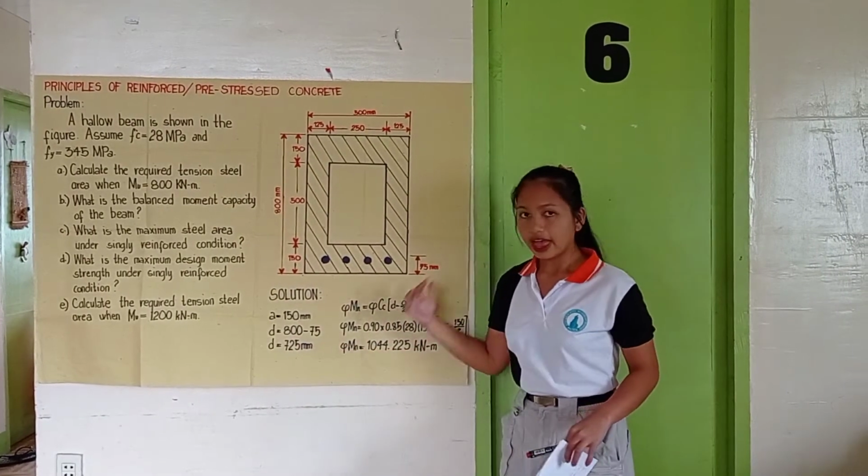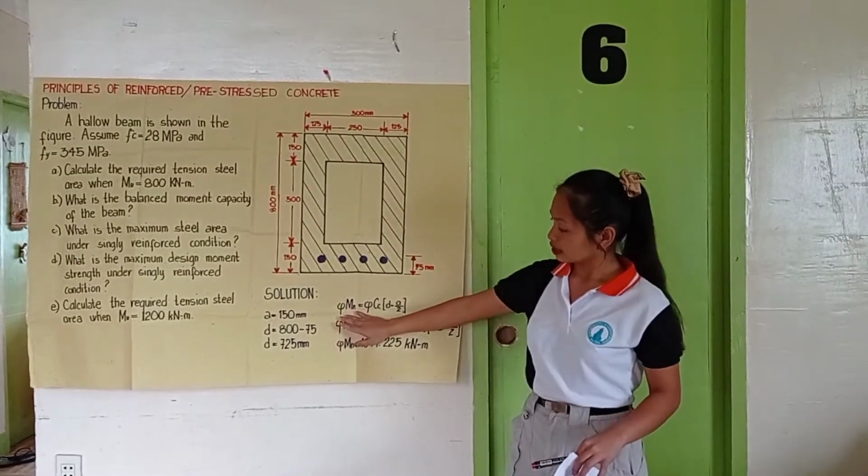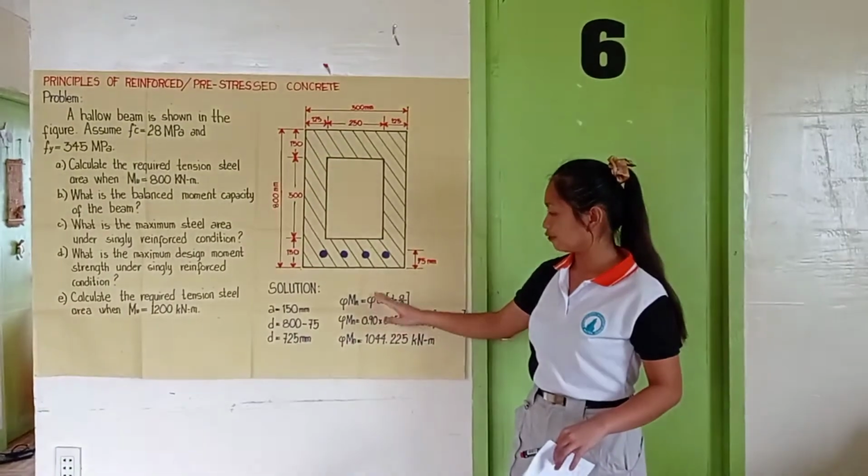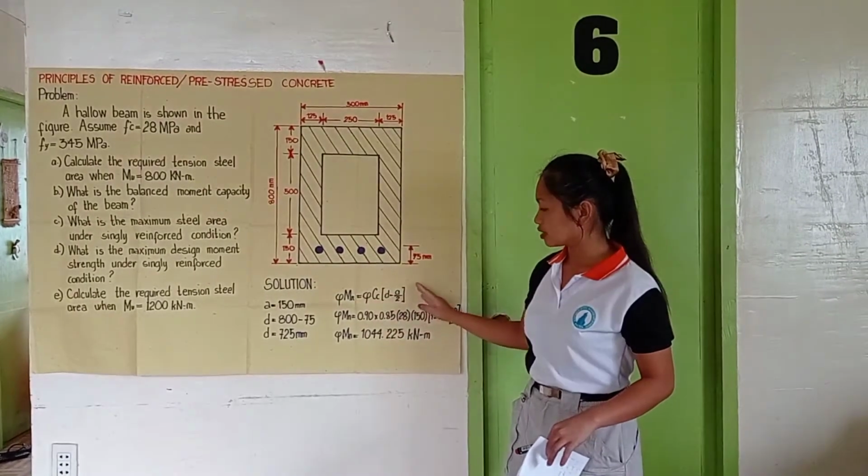So our phi times Mn is equal to phi times the compressive force due to concrete times D minus A over 2.